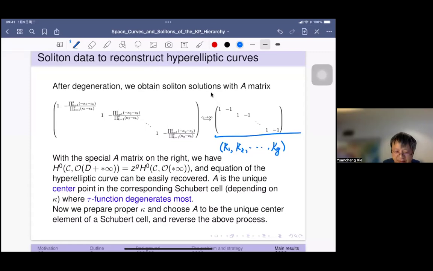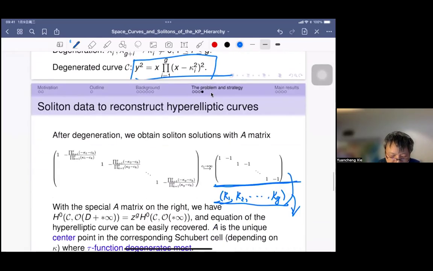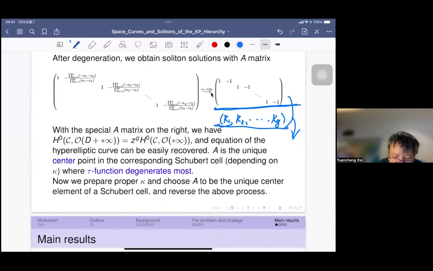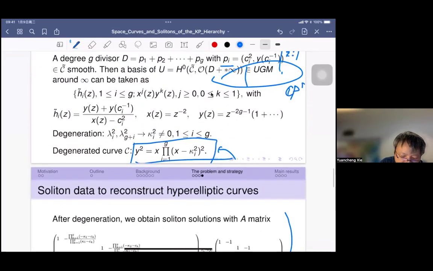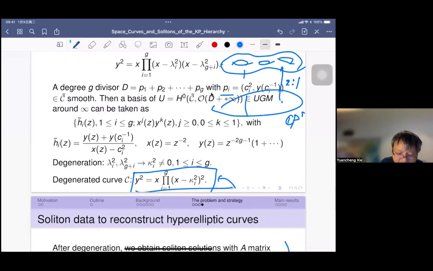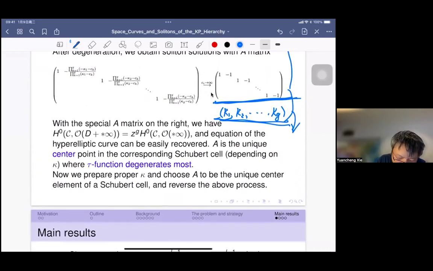The remarkable thing is we only need this matrix and this spectral data to construct this degenerate algebraic curve. So we can begin from this matrix and this data to construct this degenerate algebraic curve and then construct the quasi-periodic solutions in general. So that's a model for our theory.